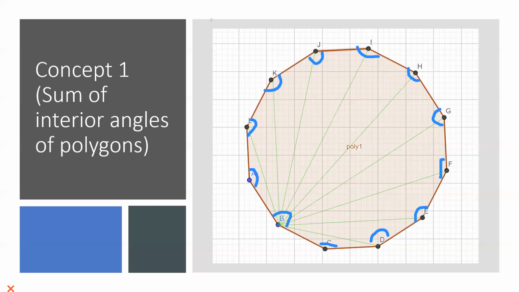Now what? Let's see. Now I'll mark this using yellow. All the angles that are accounted for will be marked with yellow.